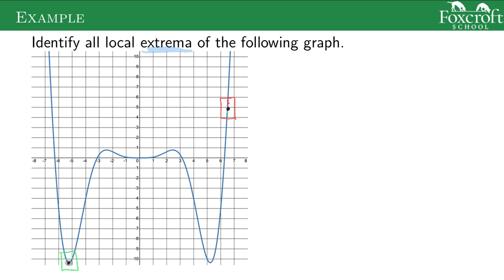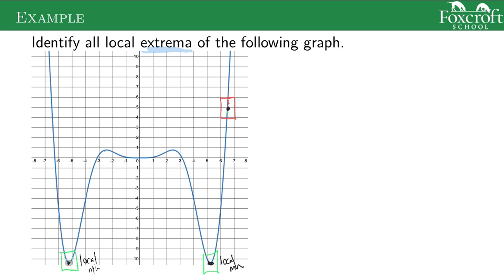So anything in that little green box, all those y values are higher than that black dot, which means that's a local min. This graph is symmetric, so you can probably imagine that this dot over here is also going to be a local min, because everything else near it, if we think about a little green box, is going to be greater than it.